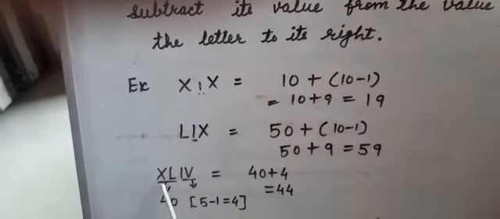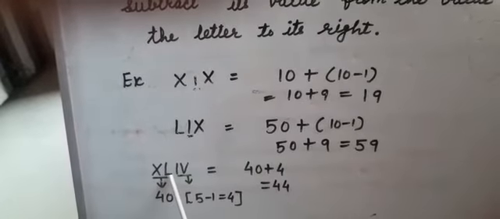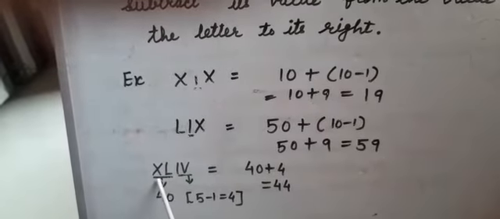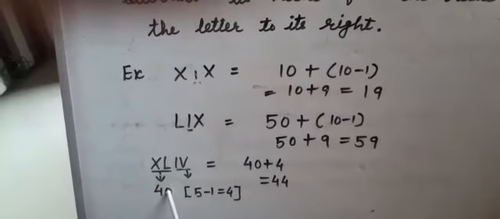Now here one more example, XLIV. From this L when I have subtracted X because it is written before it, its value is 40.